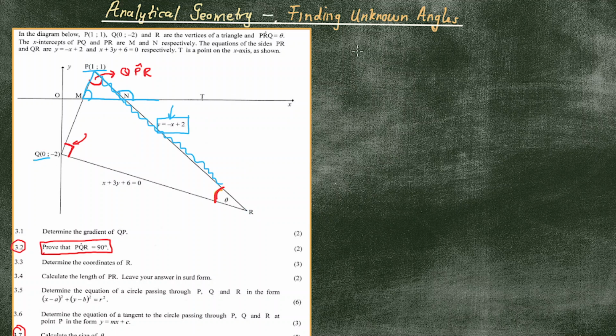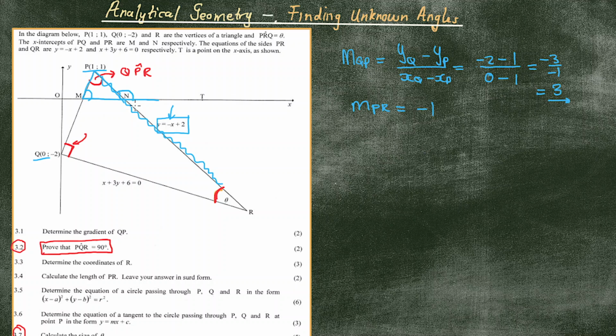So the gradient of QP is equal to YQ minus YP over XQ minus XP, equal to YQ negative 2 minus YP 1 over XQ 0 minus XP 1, equal to minus 3 over minus 1. So the answer is a positive 3. This is the first gradient. The next gradient, PR, is equal to minus 1.